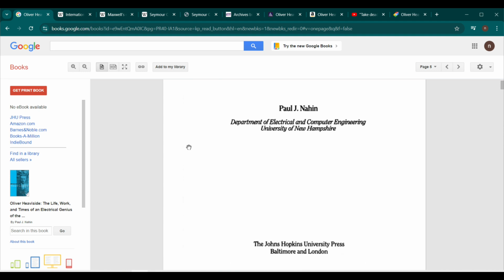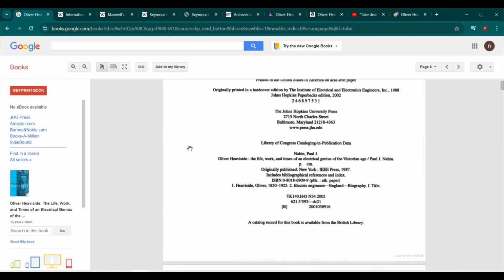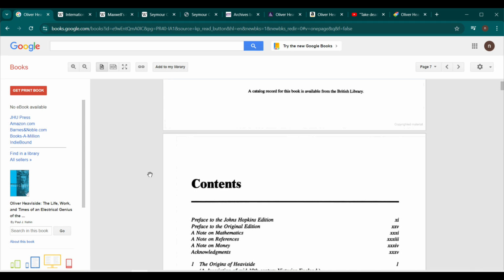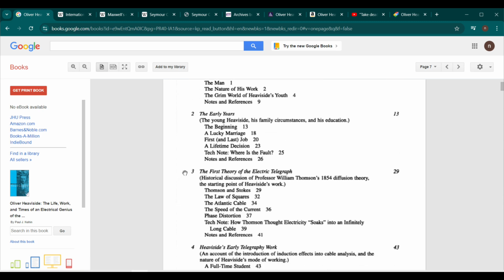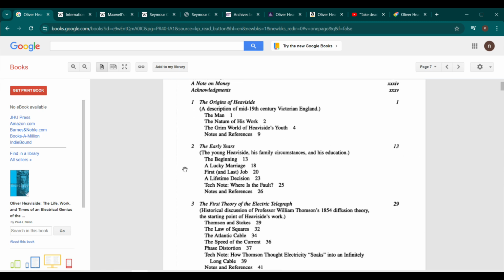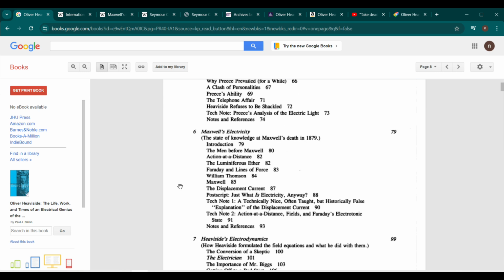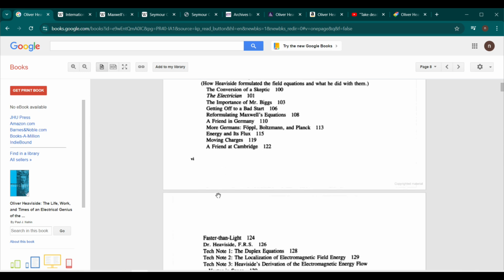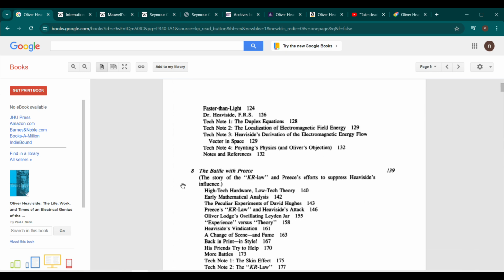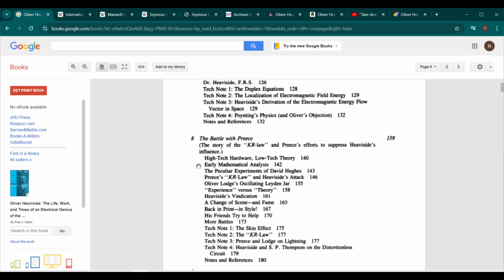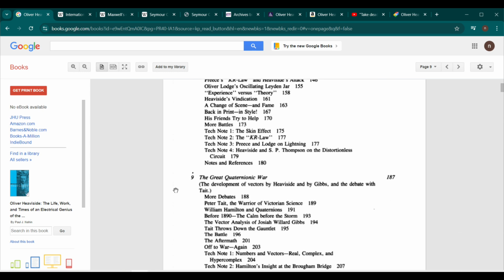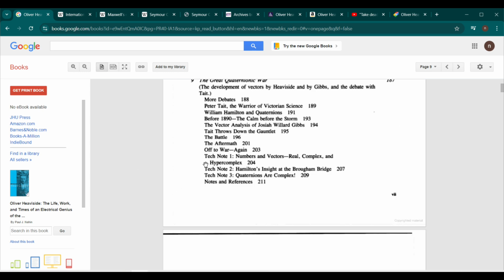And Heaviside is obviously not one of the more well-known scientists at the time. You know, there was Maxwell, there was Faraday, who really kind of discovered the whole electricity and magnetism.